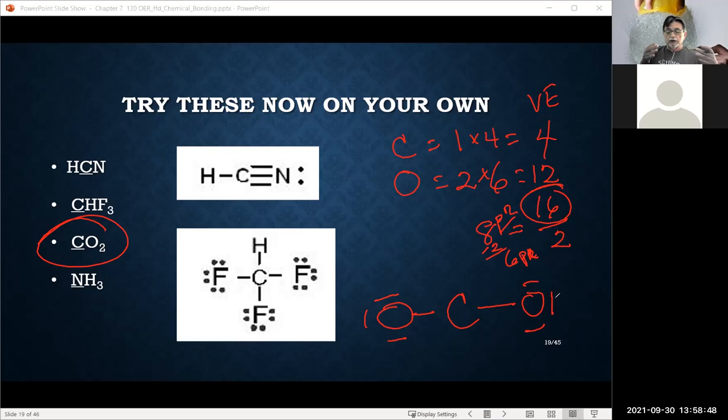And so you can see that carbon is not happy, because it needs 4 more. Now, can we magically pull 4 more electrons out of space and put them in there? No, we can't, because we have a total of 8 pair to work with. That's it. I can't add more, can't subtract more. I go back and check to make sure that I've got a total of 8 pair. So I've got 1, 2, 3, 4, 5, 6, 7, 8. I've got 8 pair. I didn't lose anything. The oxygens are good. The carbon is not.